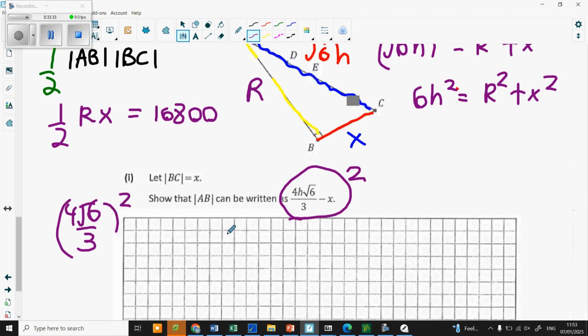So what's double 4 over 3? 8 over 3 root 6 hx, yeah? I'm looking at it here and going, this is evil. And then we have x squared. That's just your r squared, nothing else. And then the x squared is added onto it. And we still have the 6h squared on the other side. We good with that? Okay.